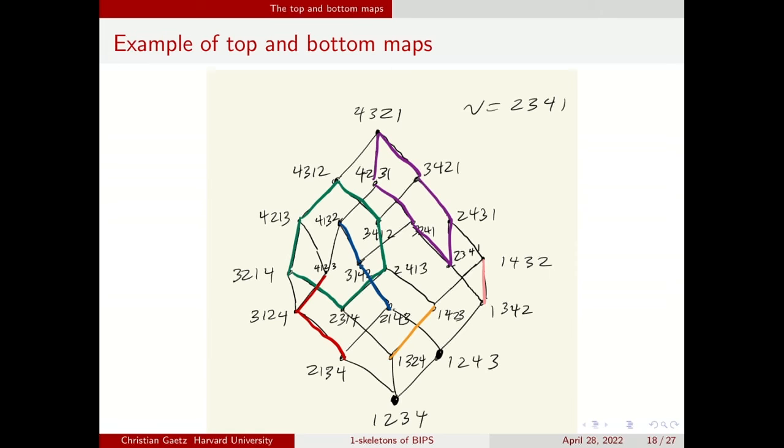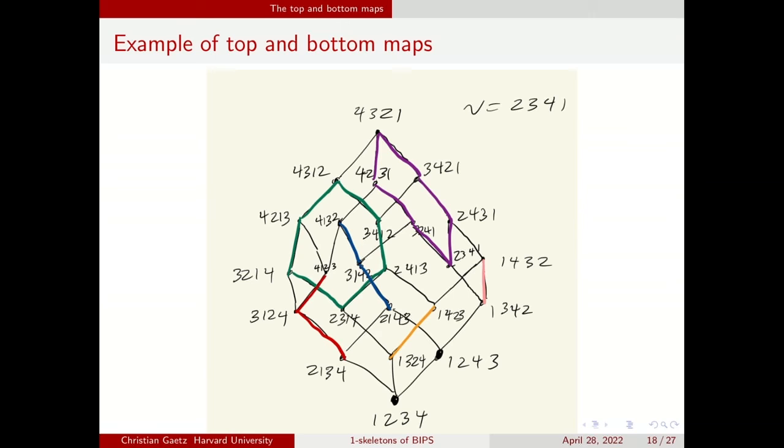So for example, 3124 is less than 3241, and I can map this element to the top of its equivalence class, which is right here, and it will be less than the top of the green equivalence class.